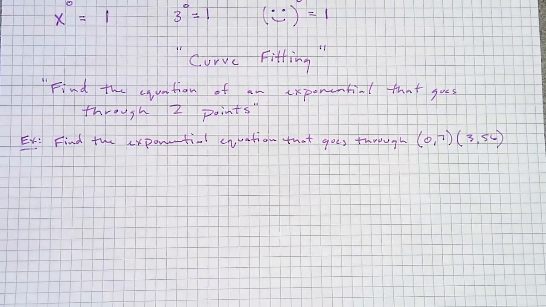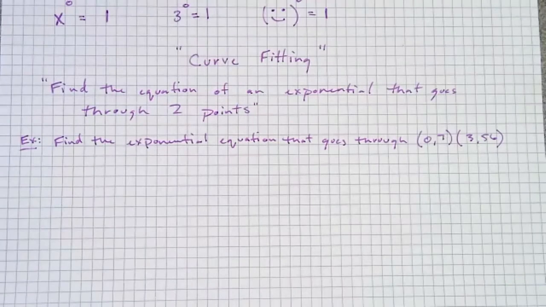Okay, so in this example, we're asked to find the equation of a line that goes through the points (0, 7) and (3, 56).